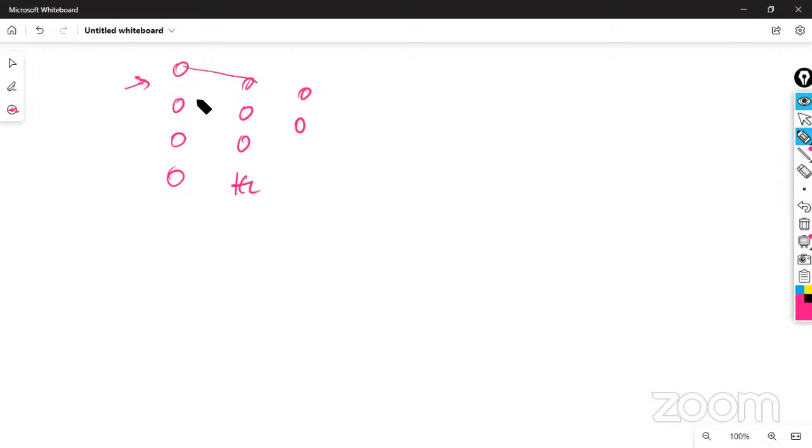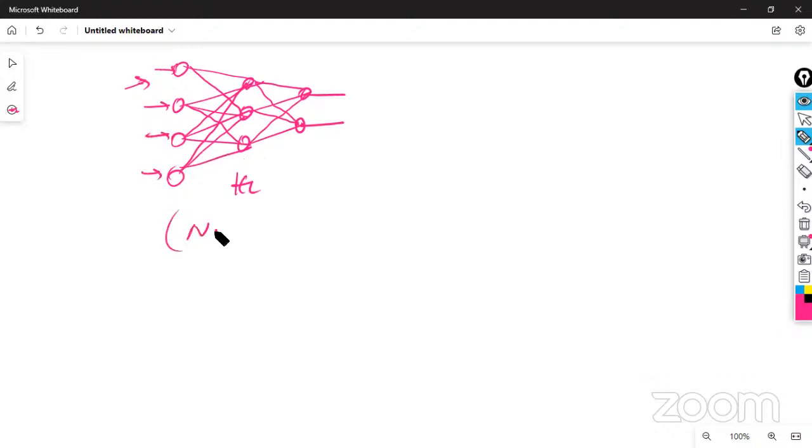So this output is from the input given. Everything should be connected. So this is the neural network.